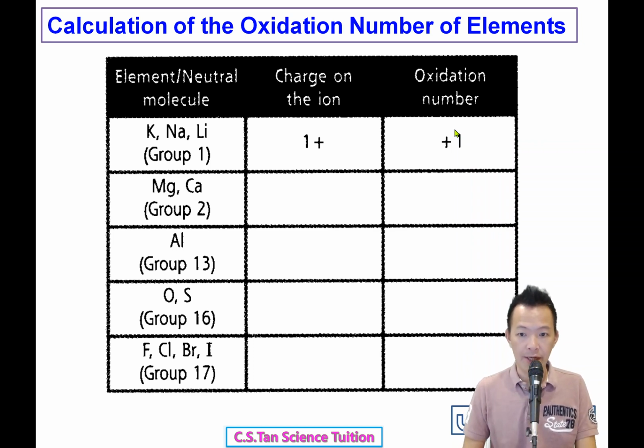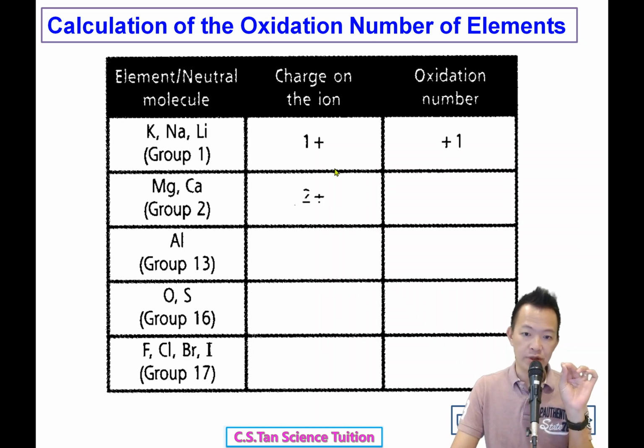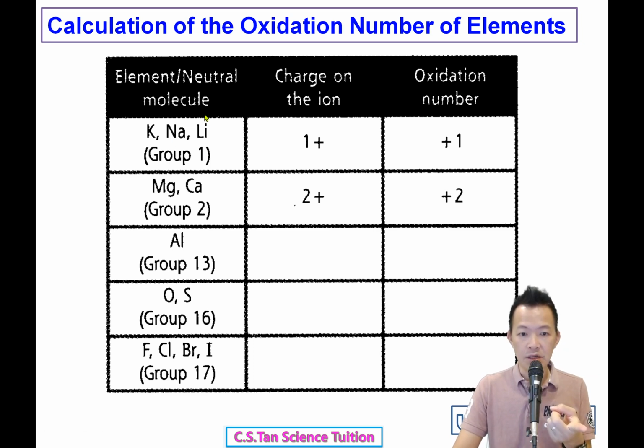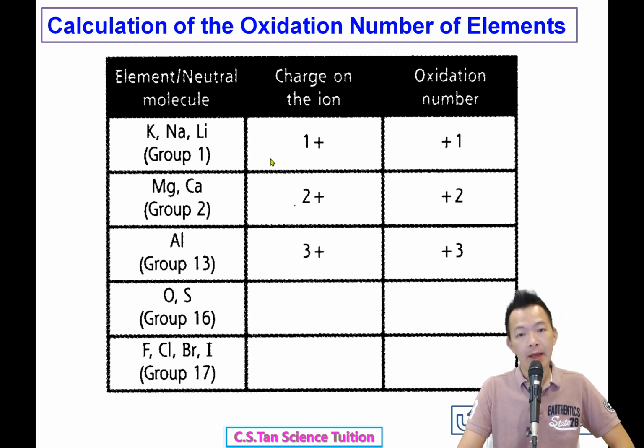不可以倒反过来啊，要扣分的。Magnesium, calcium, when they become ion, their ion carry the charge 2 positive, so their oxidation number is positive 2 too. So 有些离子它里面只有一种原子，它的离子的 charge 就是它的 oxidation number 了。Aluminium ion, the charge is 3 positive, so the oxidation number is positive 3. Oxide, sulfide, okay, oxygen and sulfur, when they become ion, they'll become the oxide or sulfide.